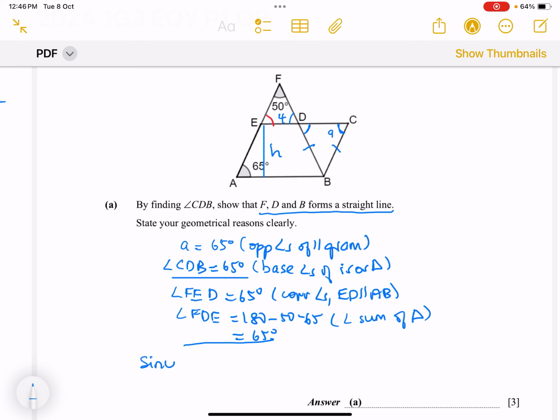Therefore, since angle CDB equals angle FDE, which are vertically opposite angles, therefore FDB is a straight line.